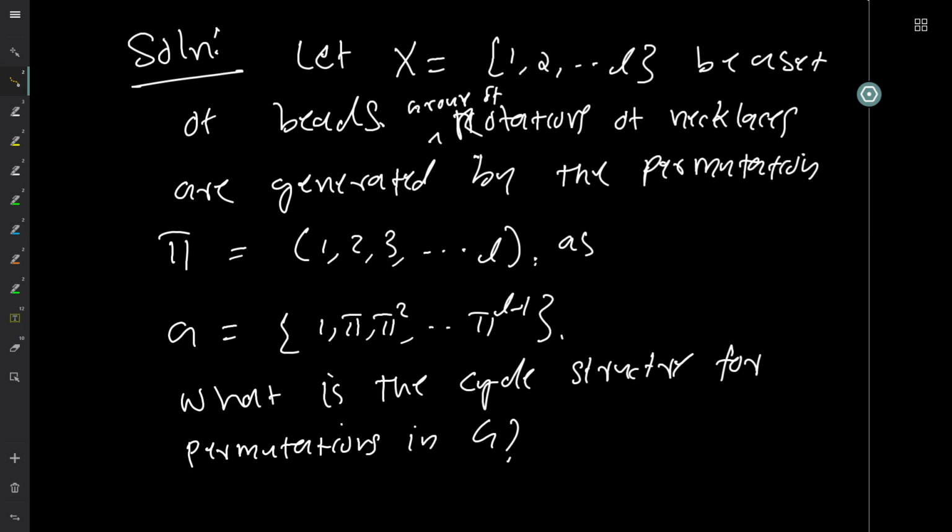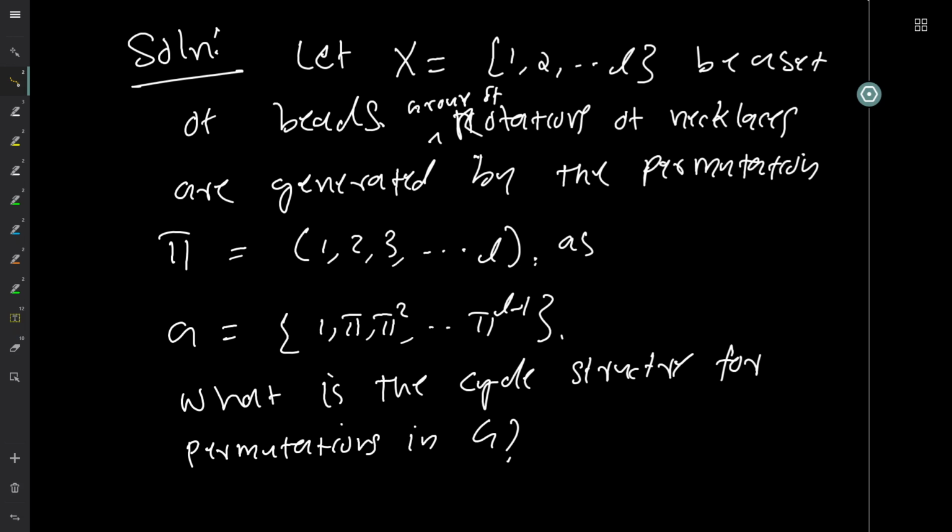So let us say that our set is the set of elements 1, 2, etc., L, the set of beads, and the group of rotations of the necklace is generated by the single permutation pi, given by 1 going to 2, 2 going to 3, etc., up to L. So if this is the generator, then the group G is given by 1, pi square, etc., pi raised to L minus 1, where pi raised to L is equal to 1, the identity.